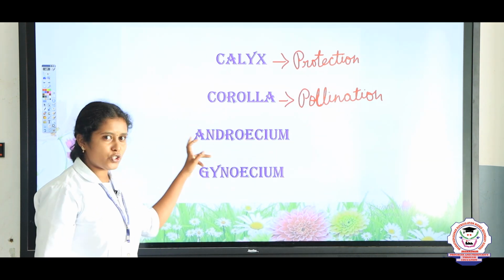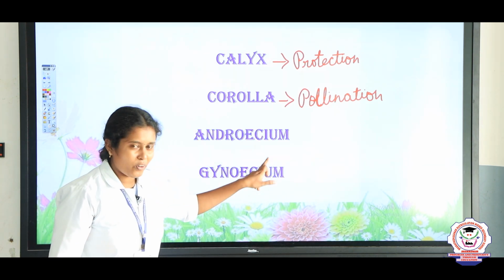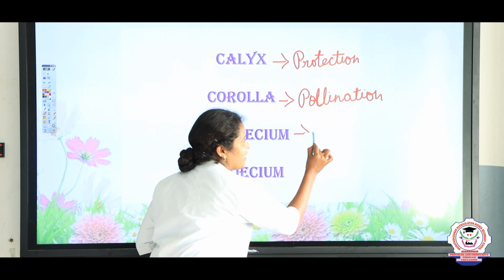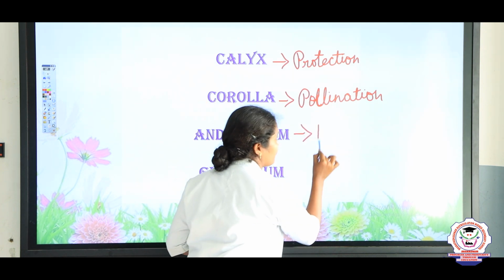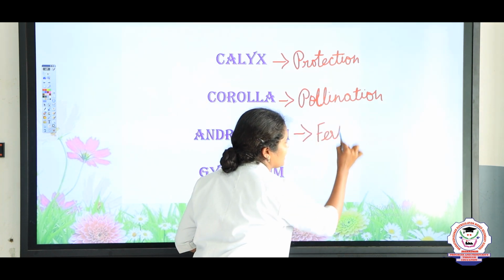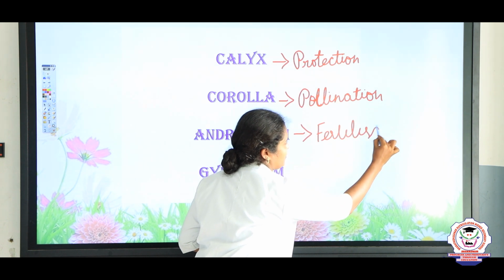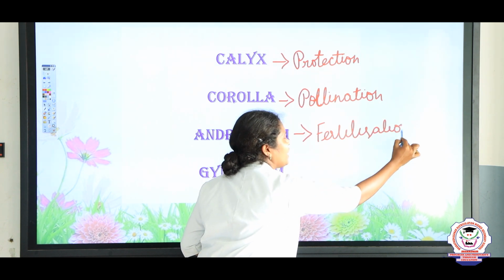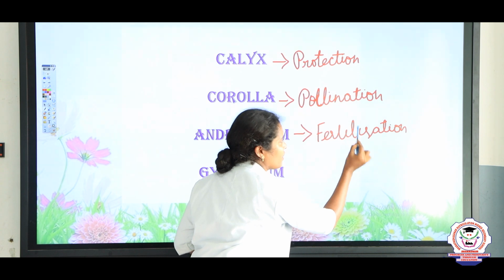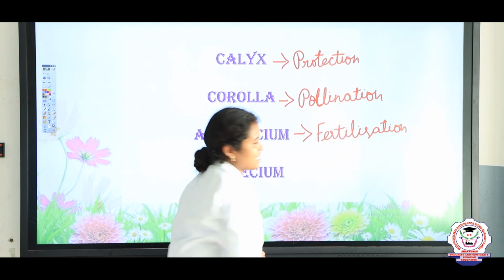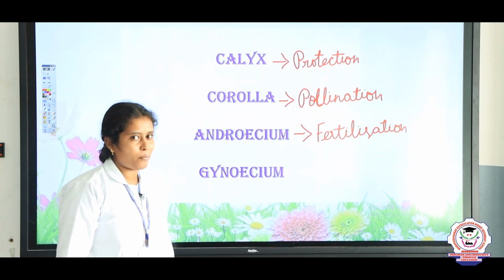And the androecium. This is the male reproductive organ. So, it is involved in fertilization. So, the main function is fertilization. And gynoecium, yes, this is also fertilization. The gynoecium is also a female reproductive organ, no?